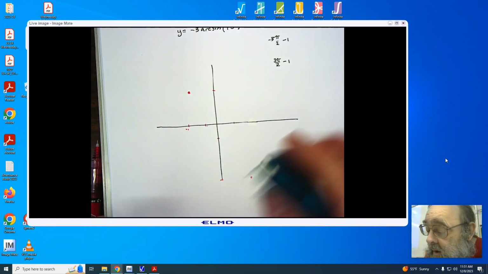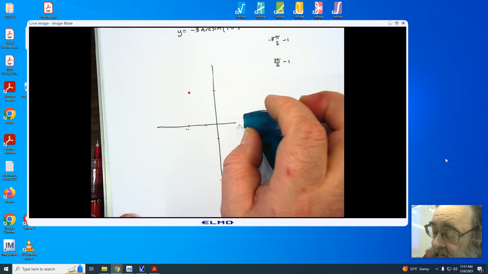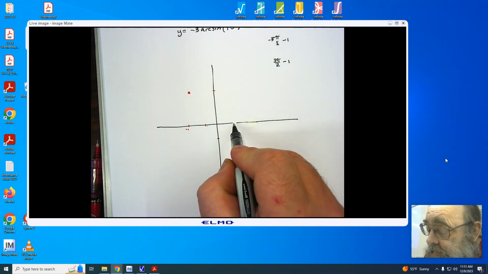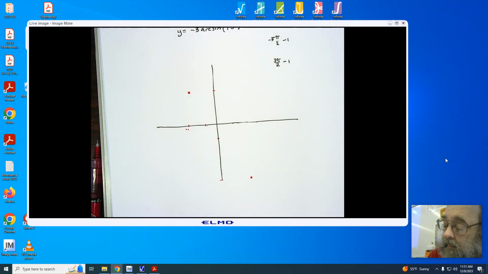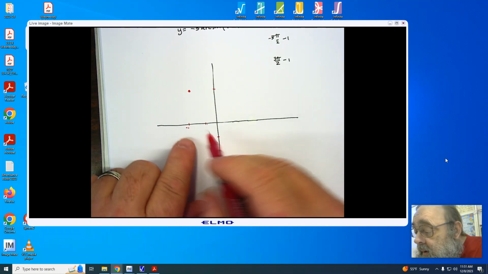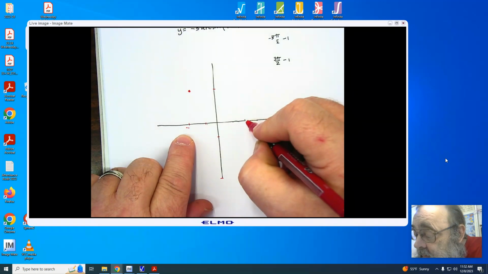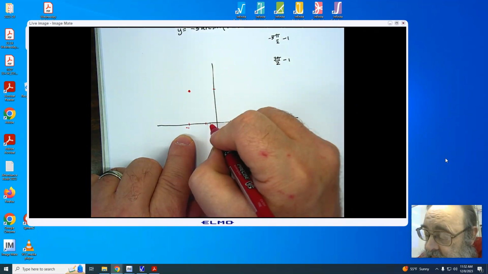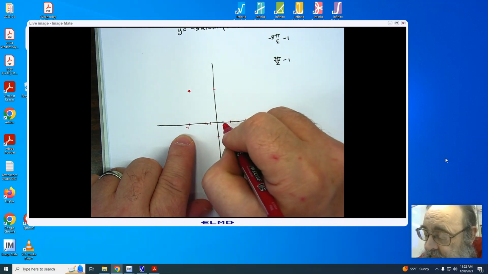My half points aren't in the same place is all. And I'm just trying to get it so that it looks reasonable. So half, that looks a little better. Close enough. 1/4, 1/4. There we go.